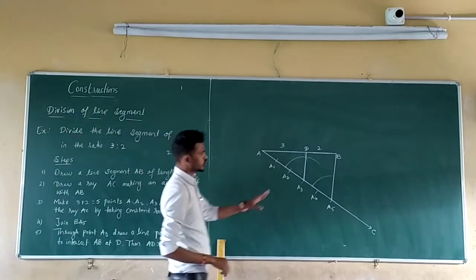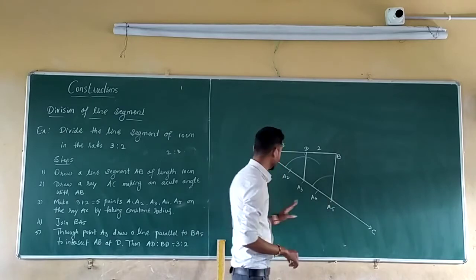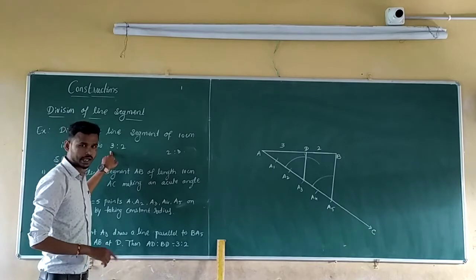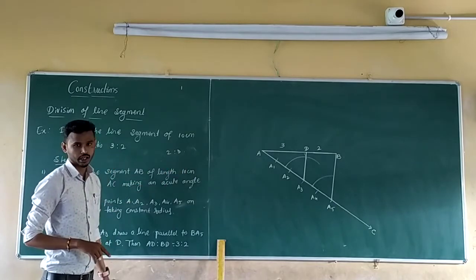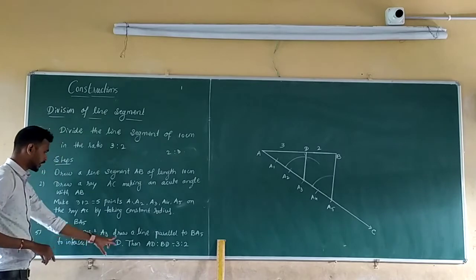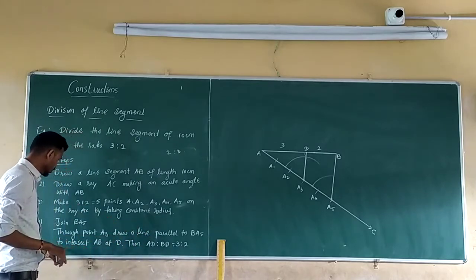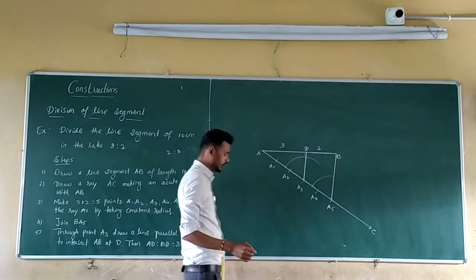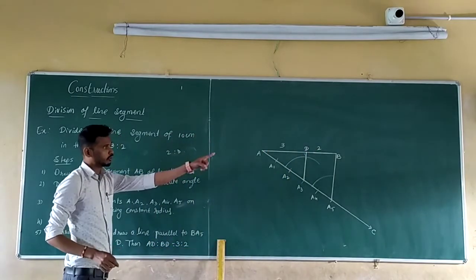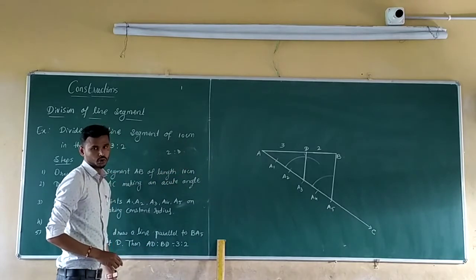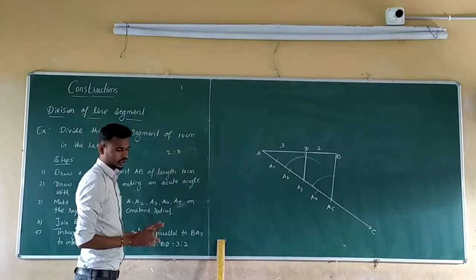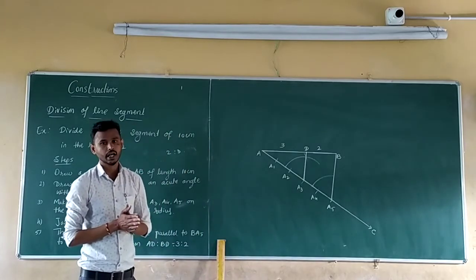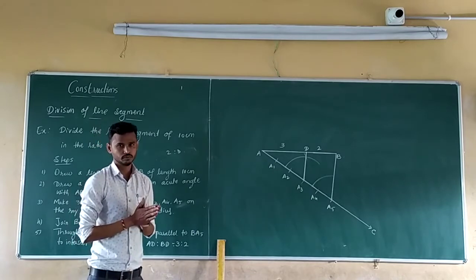So just join the last point first and see what the first ratio is. At that point you need to draw the parallel line. So through A3, draw a line parallel to BA5 to intersect AB at D, then AD is to BD will become 3:2. So this is how you need to divide a line segment in a given ratio.